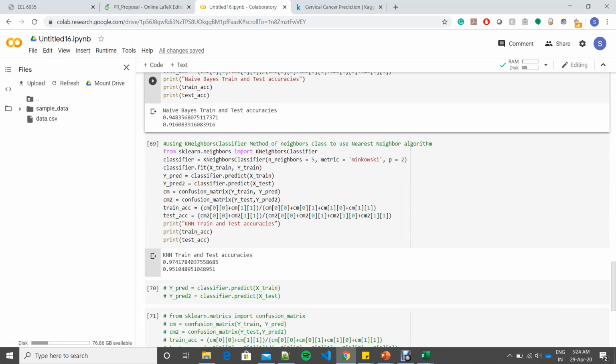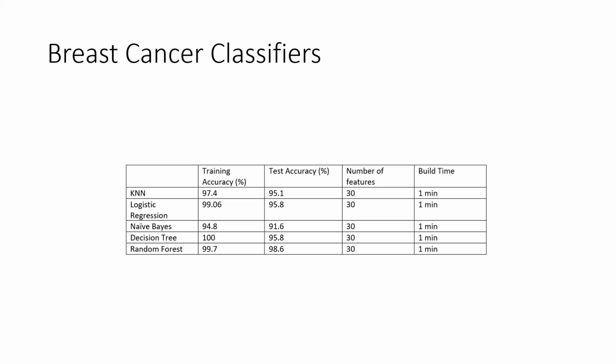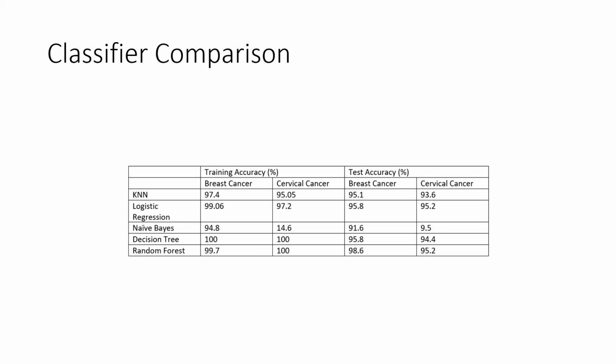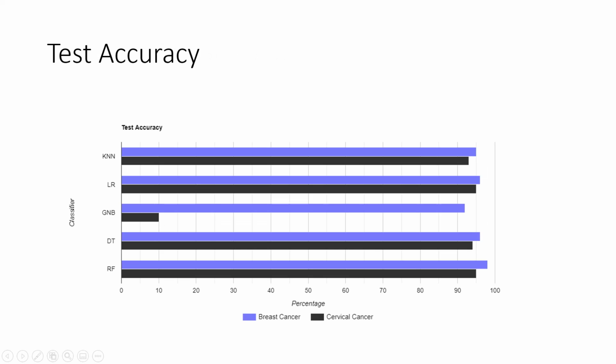These are the outputs that we got, and I've tabulated them here. As we can see, random forest, logistic regression, and decision tree have done extremely well. I also did a comparison of classifiers for training accuracy and test accuracy for breast cancer and cervical cancer, and made some graphs.